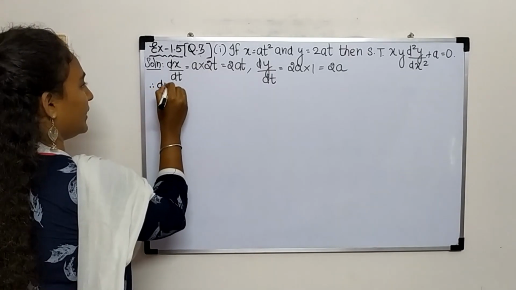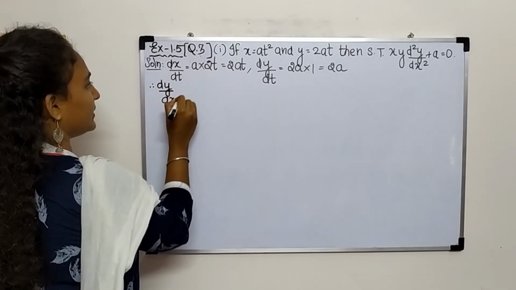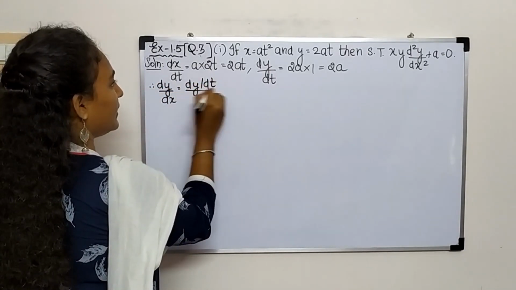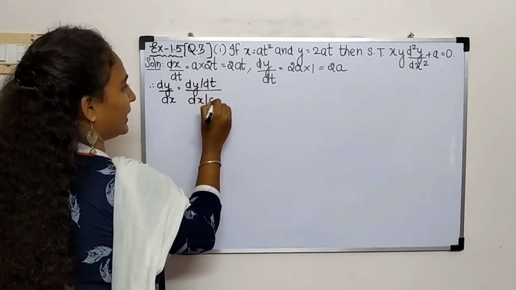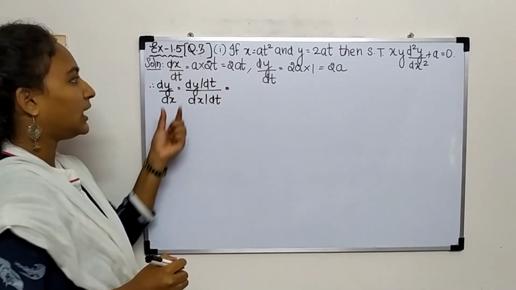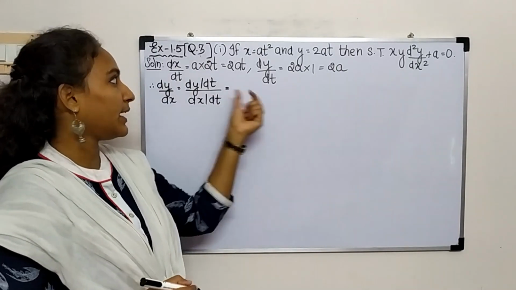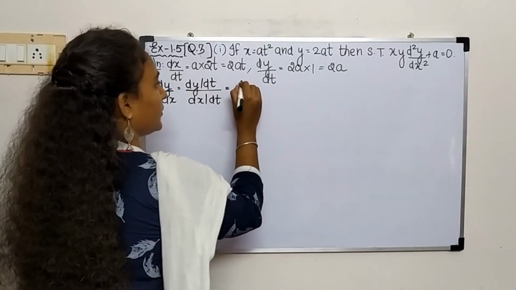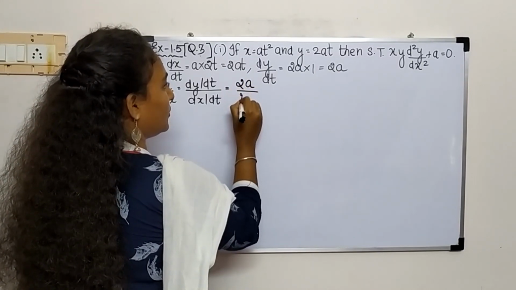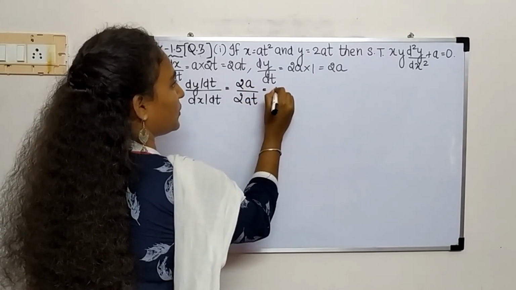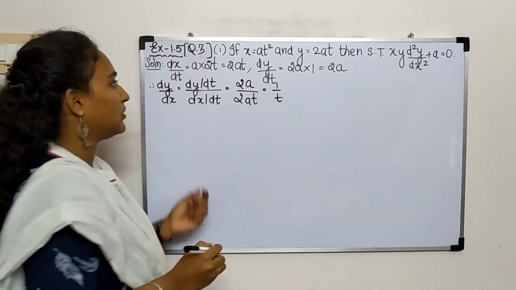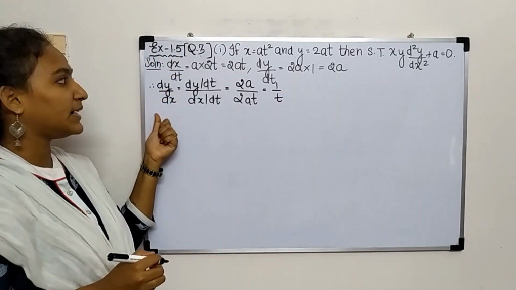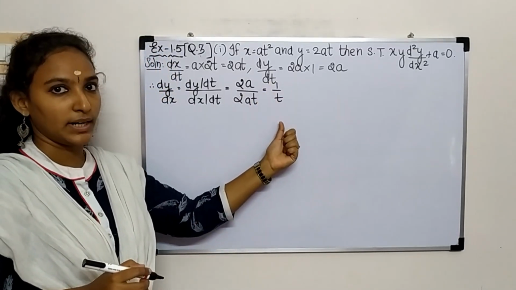Therefore, dy by dx is equal to dy by dt upon dx by dt. Our dy by dt is 2a and dx by dt is 2at. So this is 2a upon 2at, which is equal to 1 upon t. So we have calculated dy by dx, which is equal to 1 upon t.